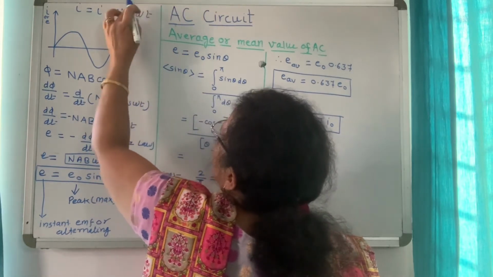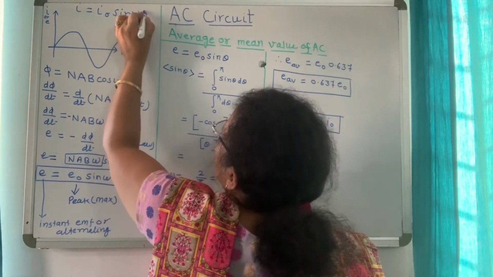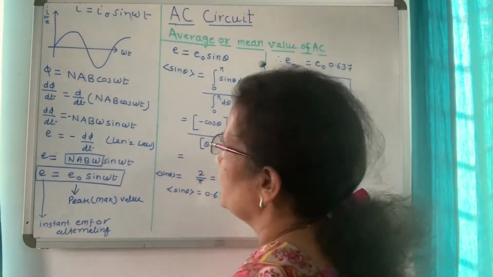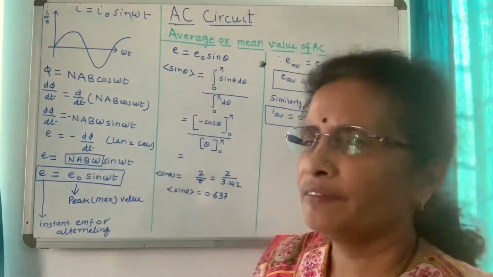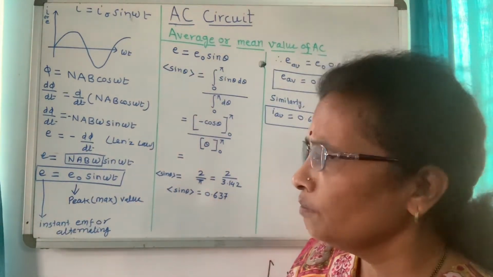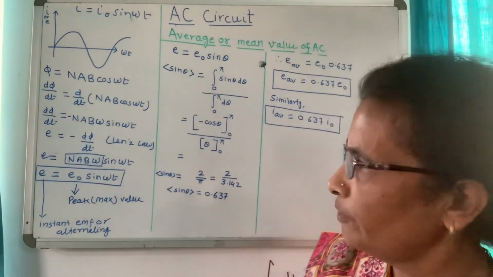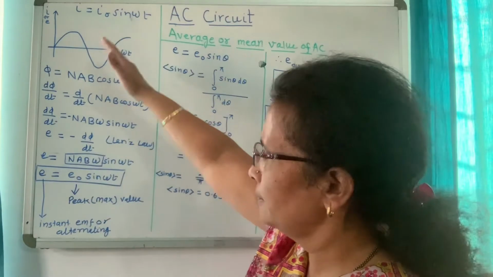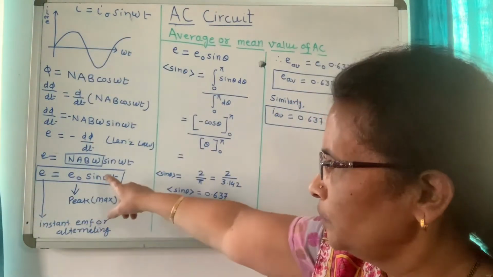Now this is a different thing. You will see in the next few articles that current and EMF are not necessarily in phase. A phase difference may be there, which depends upon which component is connected across the AC. But for general purpose, we can consider that EMF and current are shown by this equation.